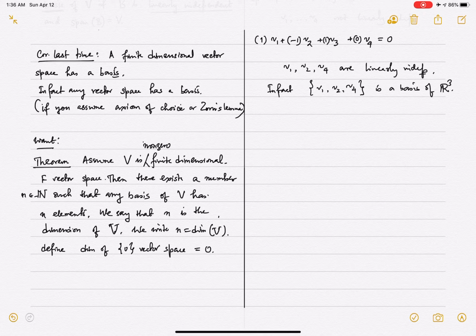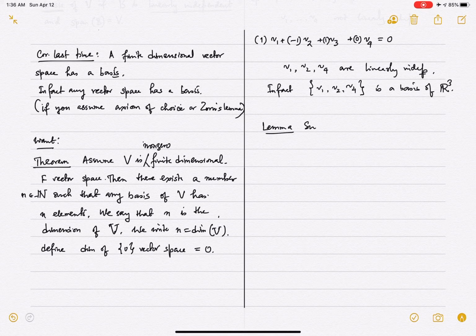To do this, we need to compare two different bases. So if you give me two bases, I need to know that they have the same number of elements. And the key is this lemma, which I'll write down now, and then we'll prove next time. The key to proving this theorem, the main work.